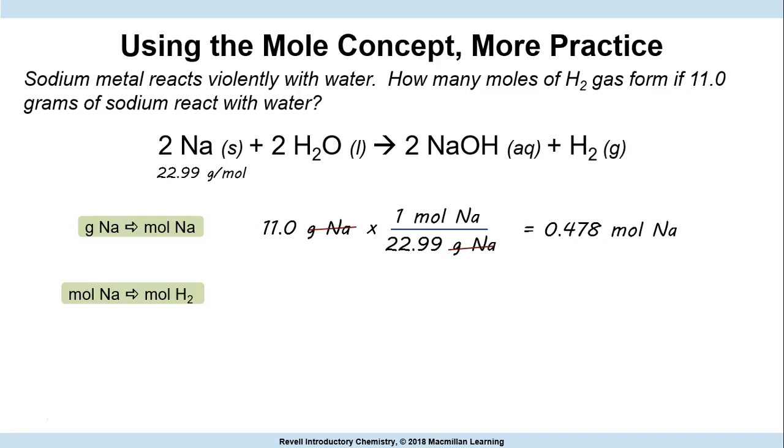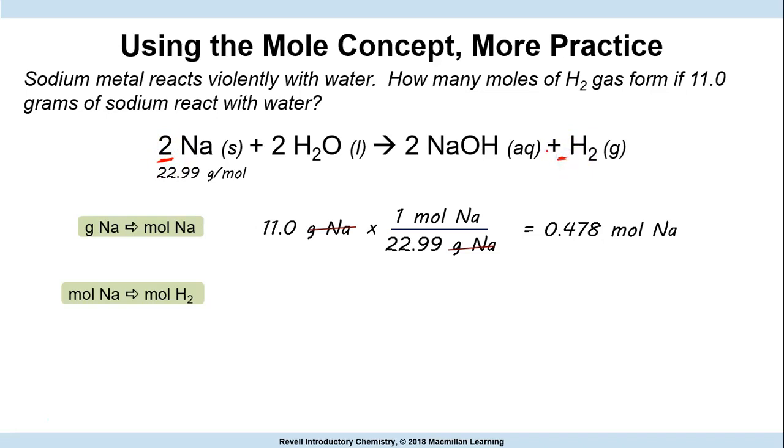Now we have moles of sodium. With the moles of sodium, we are now going to use the balanced chemical equation to convert to moles of hydrogen. So let's look at the balanced equation. We see that 2 moles of sodium gives us 1 mole of hydrogen.